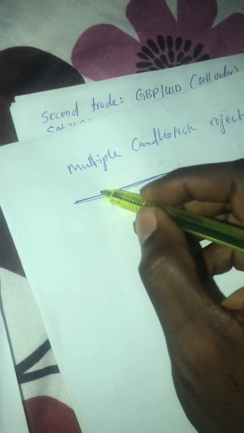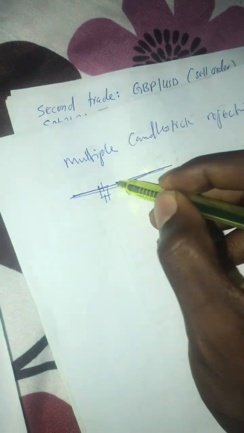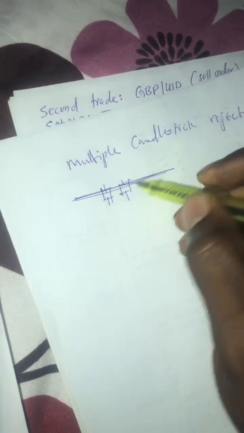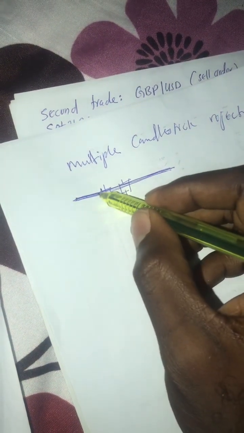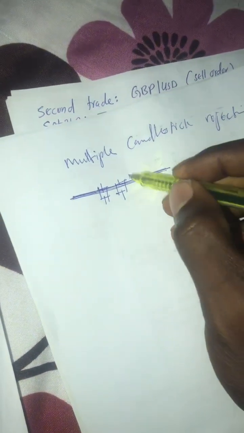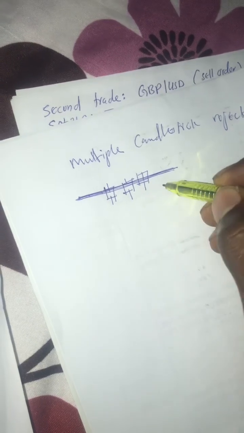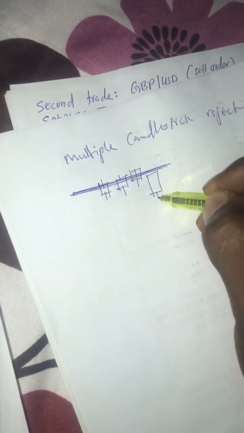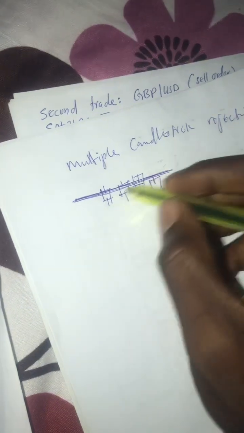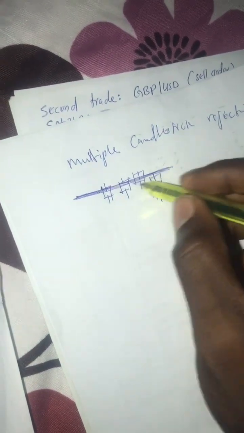All right, and you have a small candlestick here. Small candlestick. This level is also called resistance level. All right, and when you have small candlesticks here and you have one that makes a big move, a little big move, this is what we call multiple candlestick rejection.